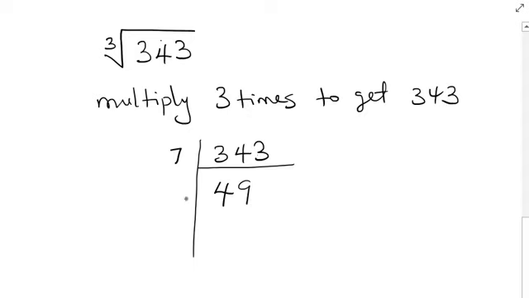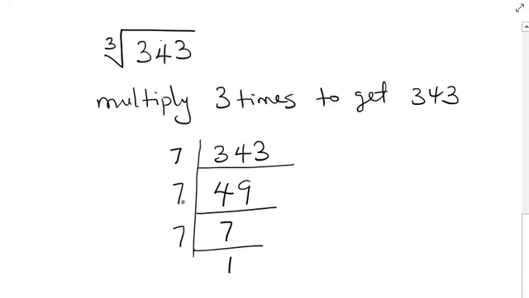So 7 goes, and we want to maintain that 7. Can 7 go in 49? Yes, 7 times. Will 7 go in 7? Yes, 1 time, and remainder 0.